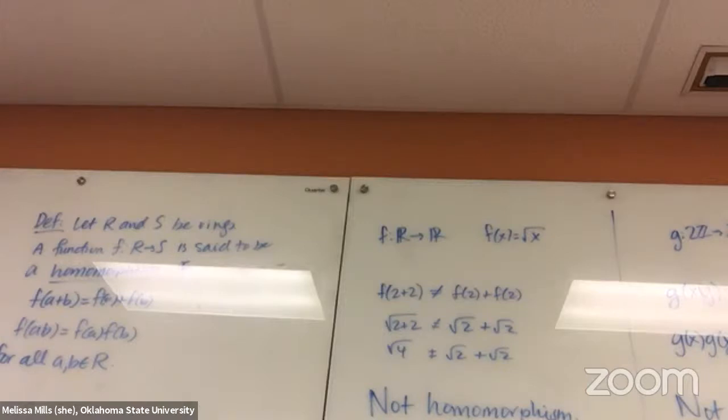So if I took 0 mod 4, I get 0. 1 mod 4 is 1, 2 mod 4 is 2, 3 mod 4 is 3, 4 mod 4 is 0. And it's just going to go through that again, right? So that's my mapping.